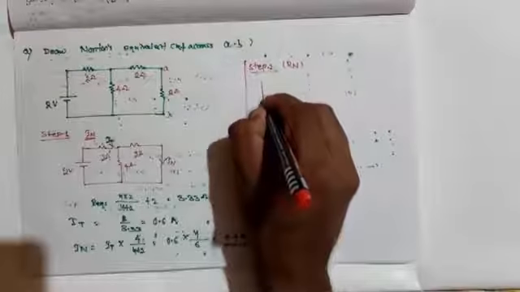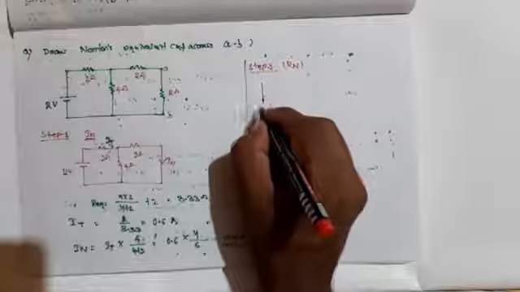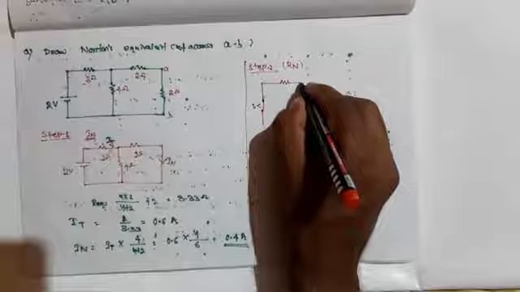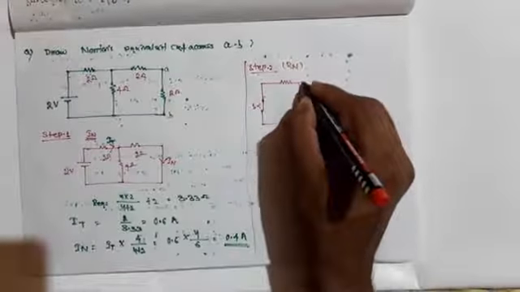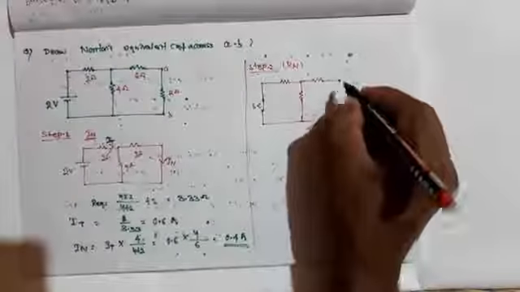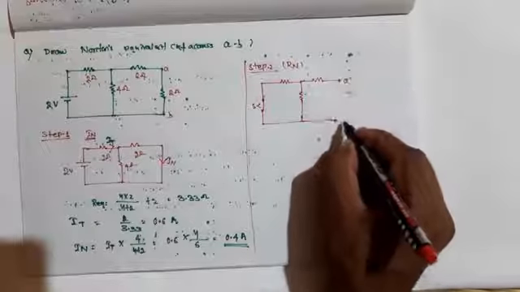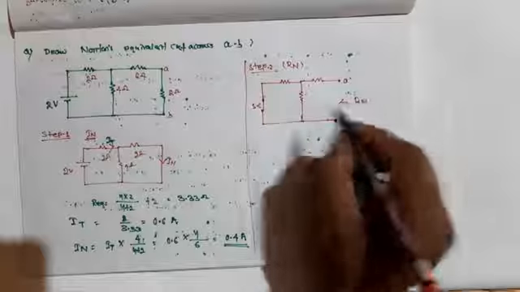So we short circuit this voltage source, this is 4 ohm, and open the AB terminal and find the resistance across it.